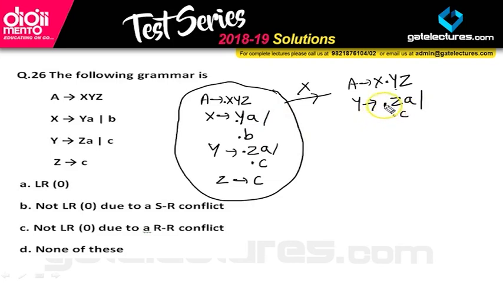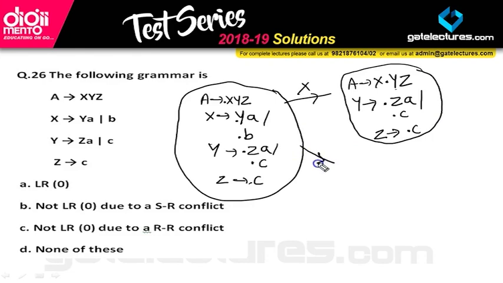Now due to this dot in front of Z, I have to use this production again, so it will be Z derives dot C. Let's hope the question won't go further than this, otherwise I won't have space.